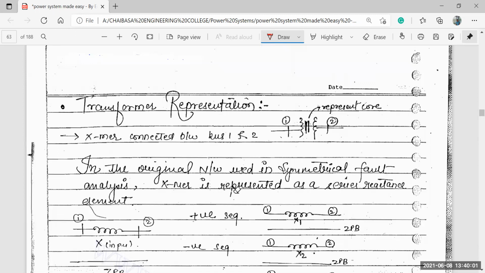So the next topic is transformer representation.